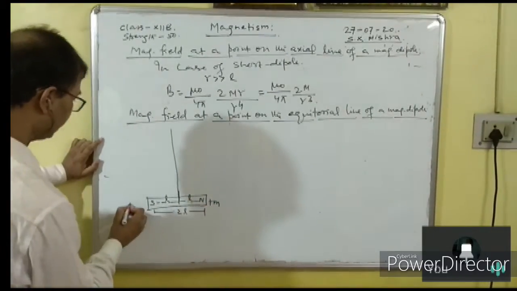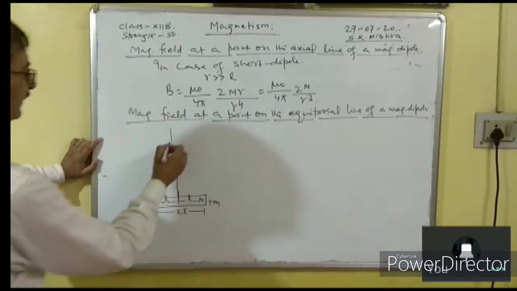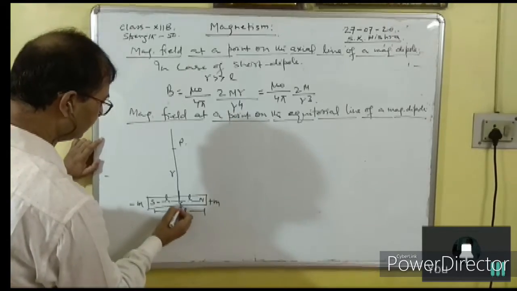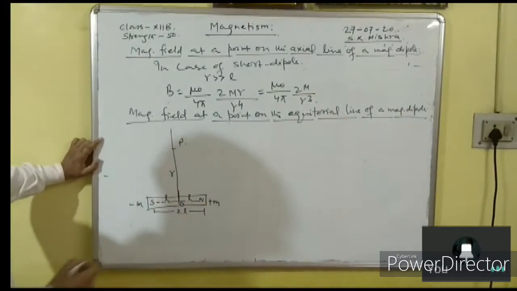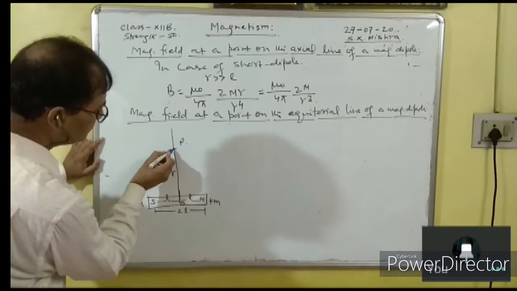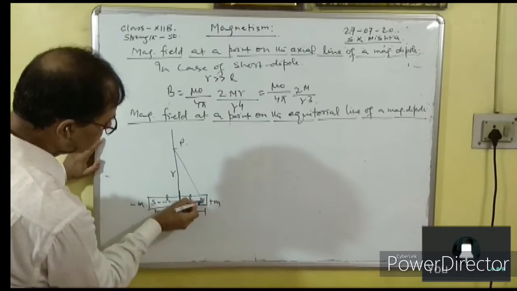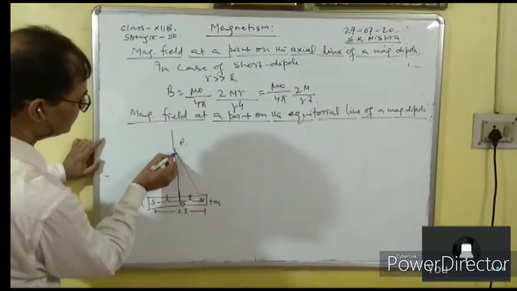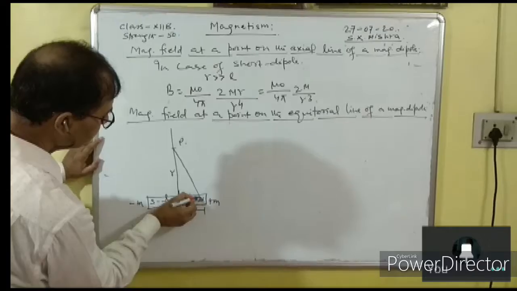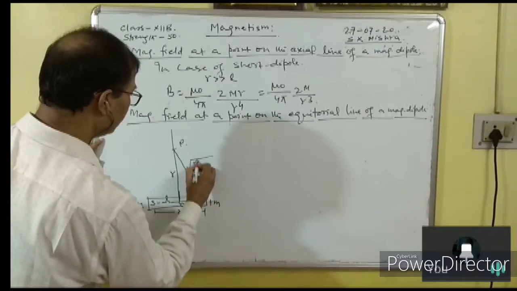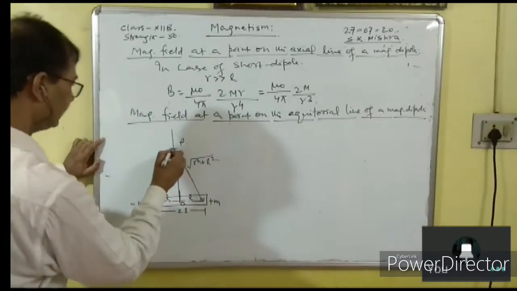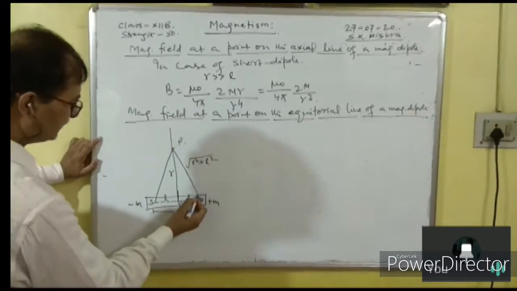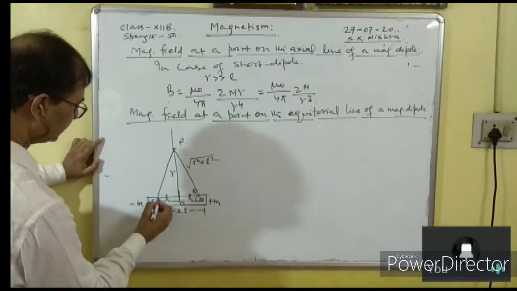So in case of short dipole, this R is much greater than L, or you may say L is very less than R. So when R is much greater than L, then your expression becomes B equals mu naught by 4 pi 2MR divided by R square minus L square.